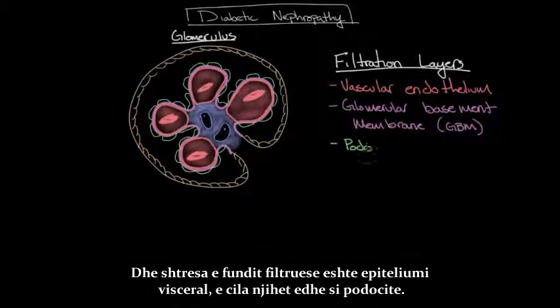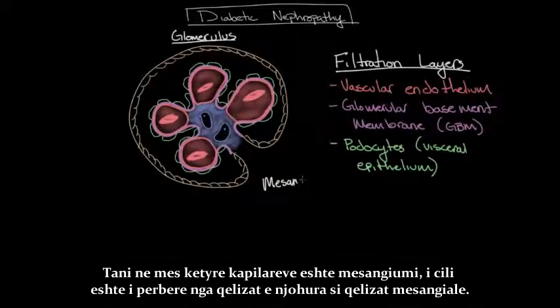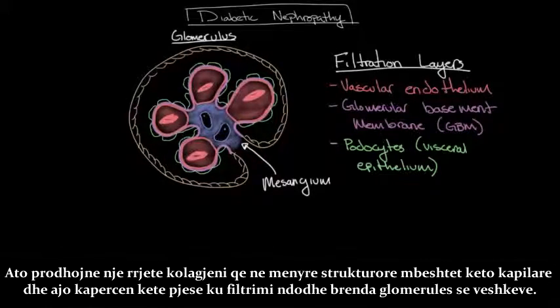And then the last filtration layer is the visceral epithelium, which is also known as the podocytes. Now, in between all of these capillaries here is the mesangium, which is comprised of cells known conveniently as mesangial cells, and they produce a collagen network that structurally supports all of these capillaries. And it's across this space that filtration occurs within the glomerulus of the kidney.